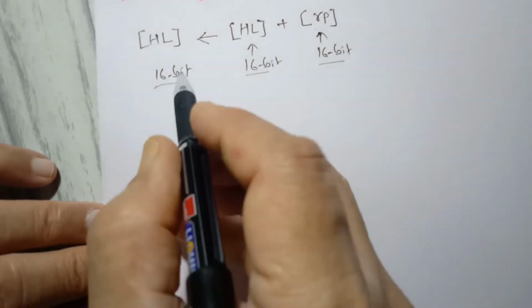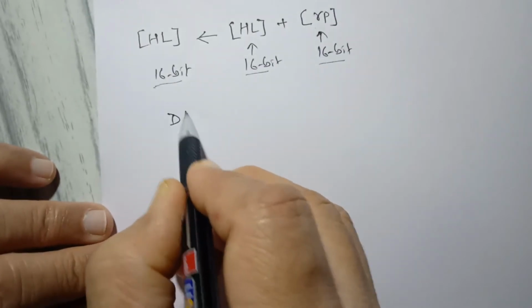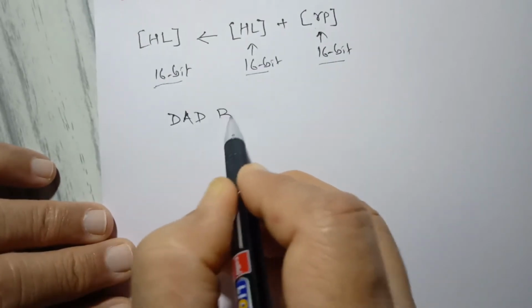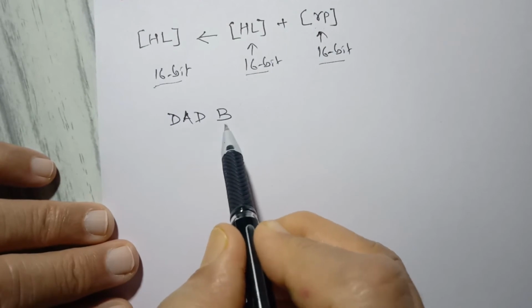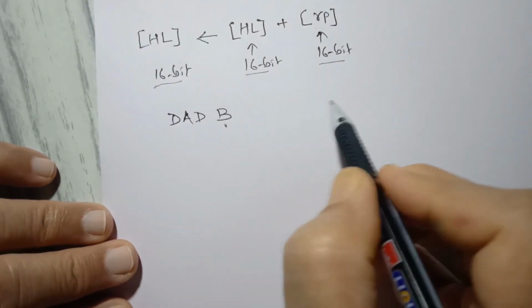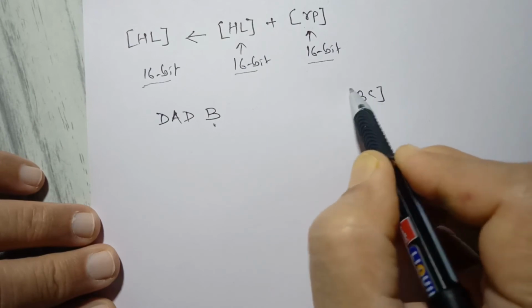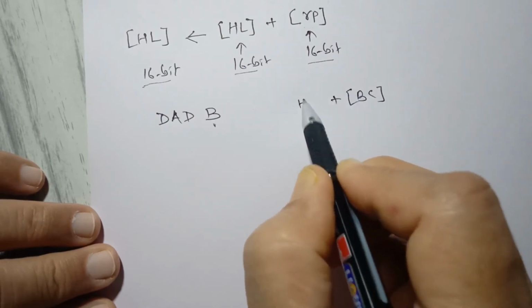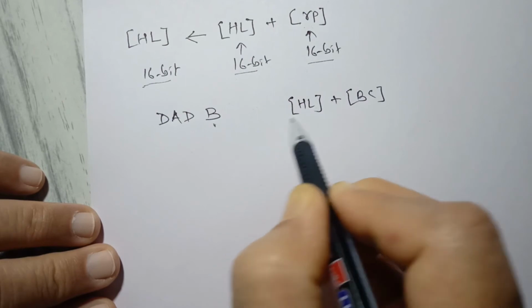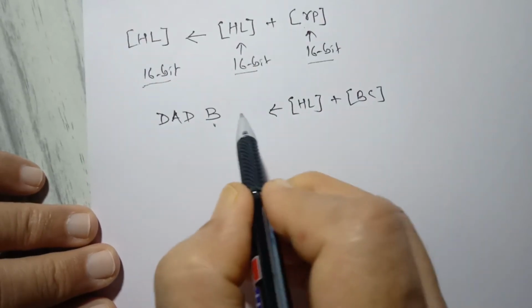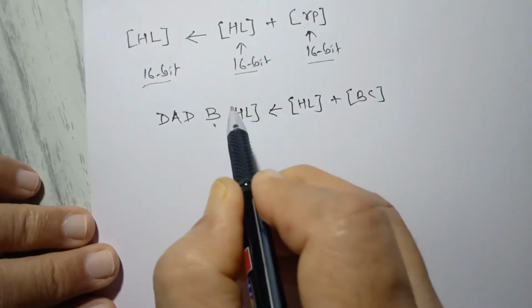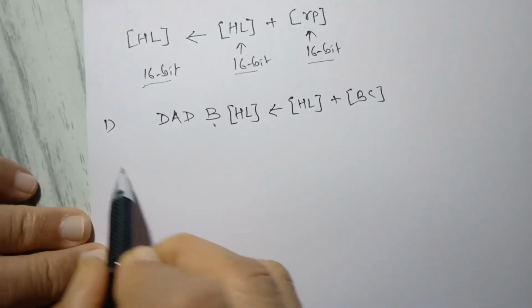For example, you can have DAD B. Here register pair B means the BC pair. So what will happen here? The contents of register pair BC are added to the 16-bit contents of the HL pair, and the result is placed into the HL pair. This is one case.